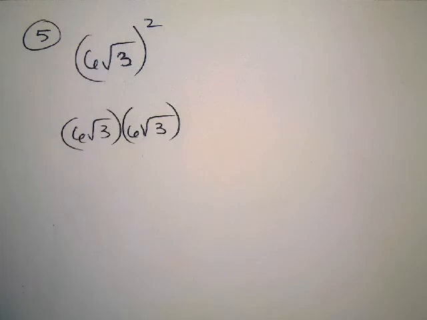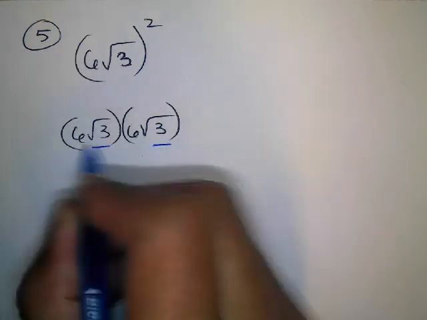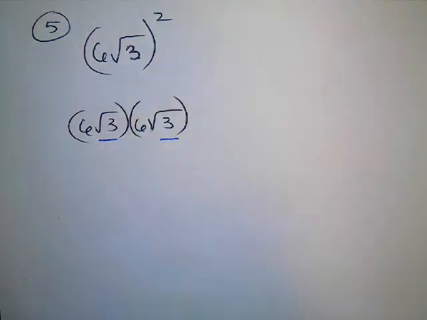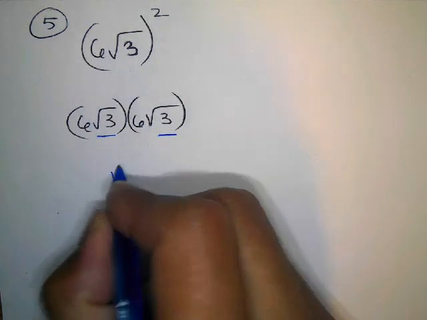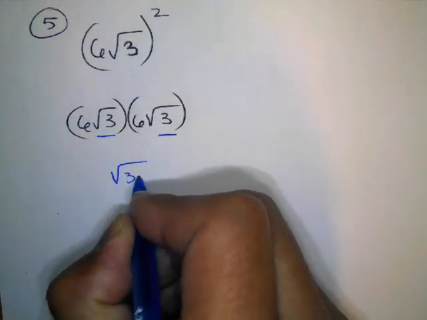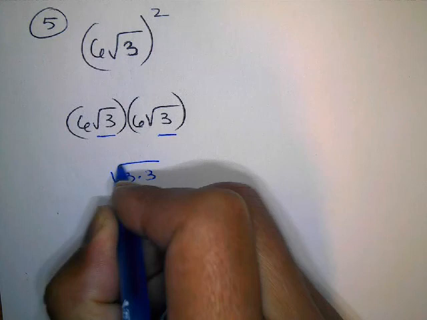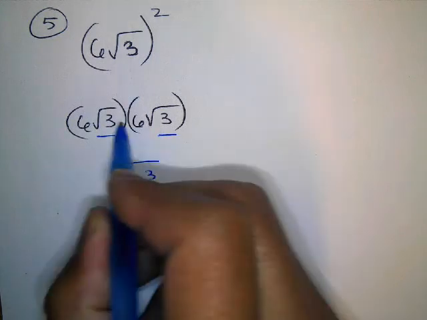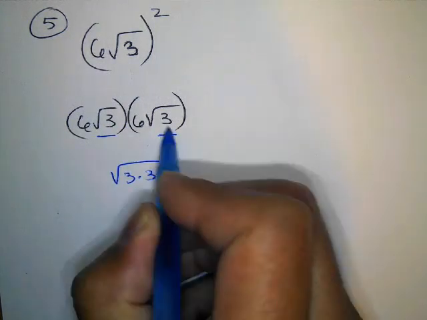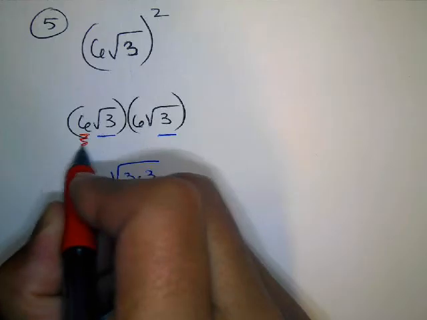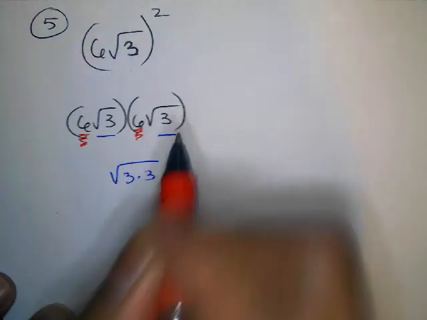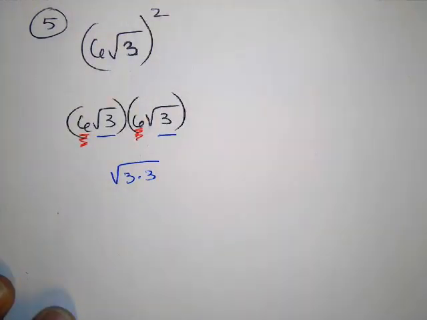But again, separate the whole numbers with the whole numbers, separate the roots with the roots. I do the roots first. You can do the numbers first, it doesn't matter. When I multiply the square root of 3 times the square root of 3, I just keep one square root and I do a 3 times a 3. Those go inside.